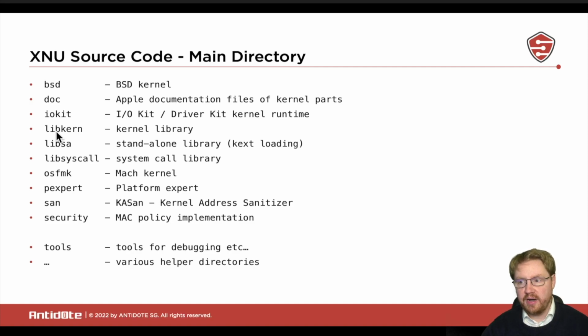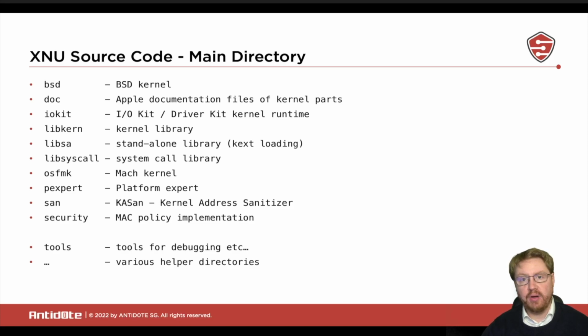Then the last part is the Mach part of the kernel that is in the osfmk directory, and that stands for Open Source Foundation Mach Kernel. So these are where the 3 main kernel parts are located. And so if you are looking for a specific thing, you should go and look at the specific subdirectory.